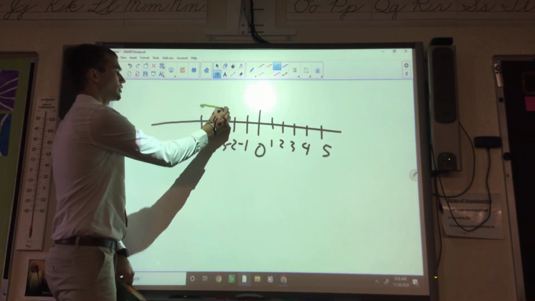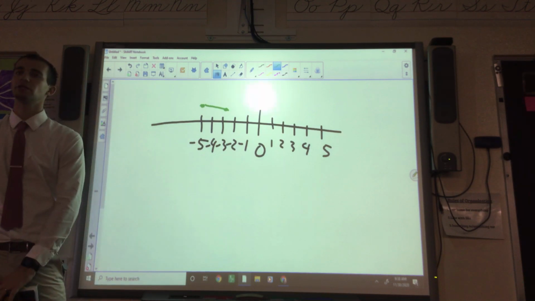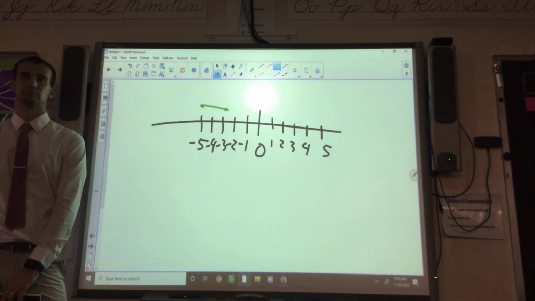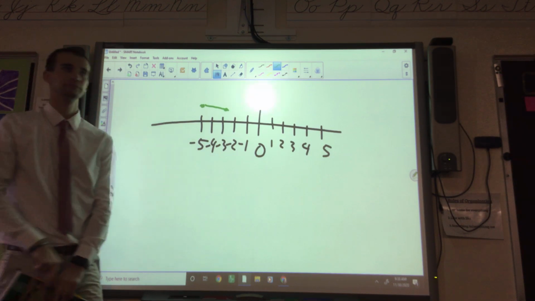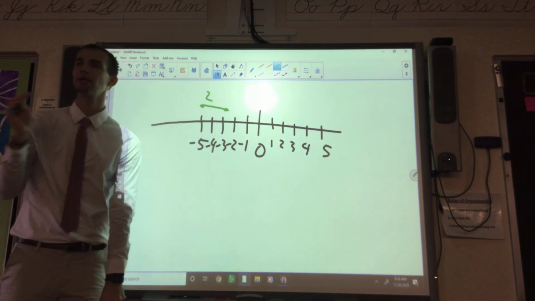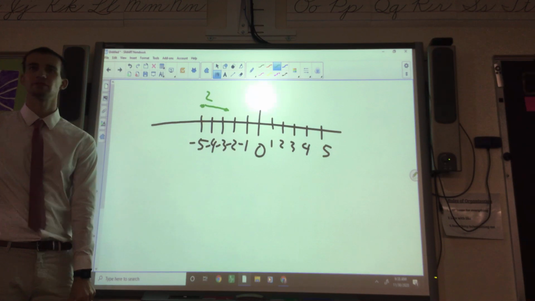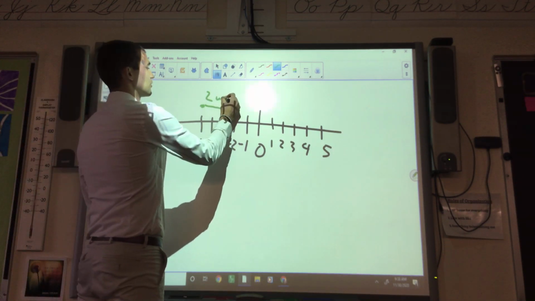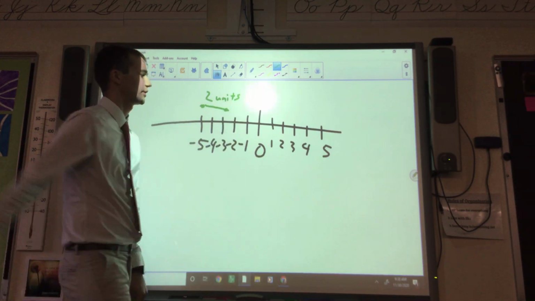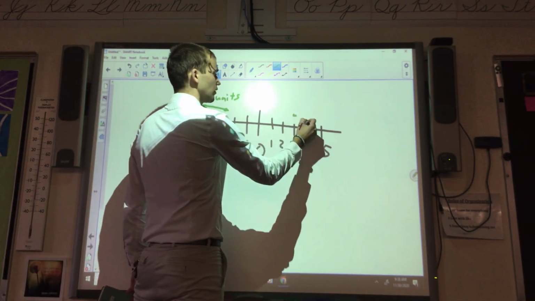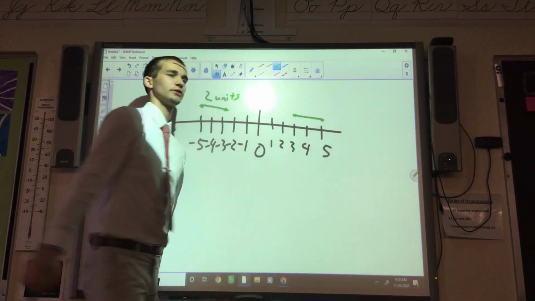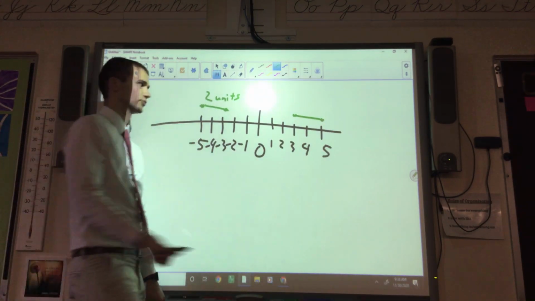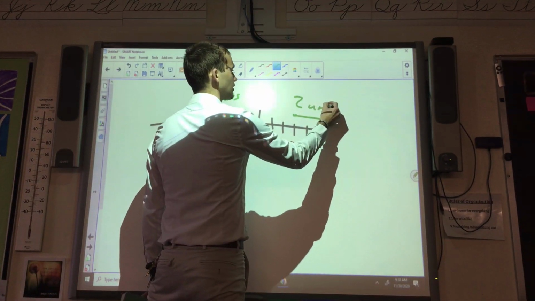The distance between negative 5 and negative 3 is what? 2. Yeah, because distance cannot be negative. So it's 2 units. If you're going to say the distance between 3 and 5, the distance is still 2 units because distance can't be negative.